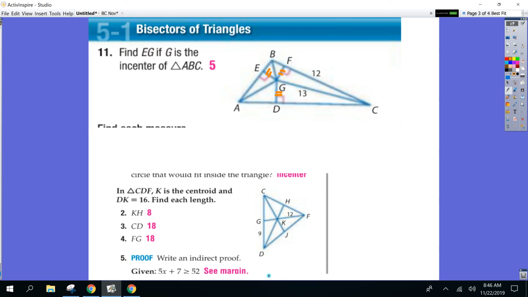I am looking for EG, which I don't have enough information for, but if I can find FG, those two are congruent. They're the same value. I can find FG. Again, it is part of a right triangle where I know one leg is 12. The other one is FG, which I'm trying to find, and the hypotenuse is 13. Okay?